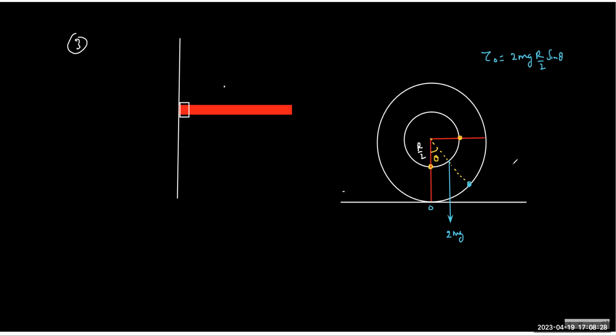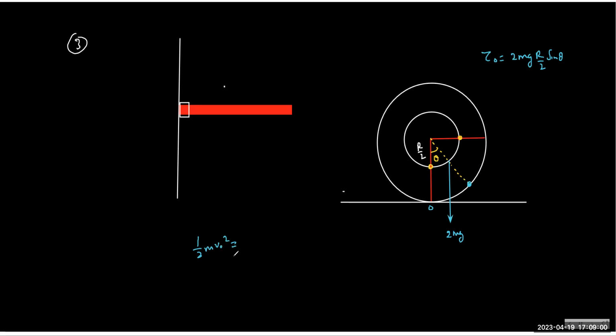I need to think about this. Can we conserve the angular momentum on the system? The answer is no. About the bottom, there will be friction, and because of gravity. Can we conserve the energy? The answer is yes. So let's conserve the energy. What is the initial energy? Half m v naught square.